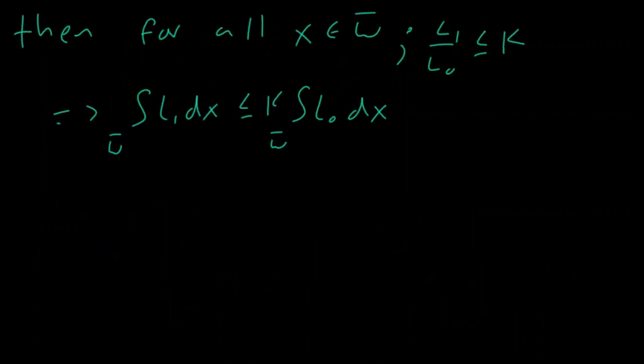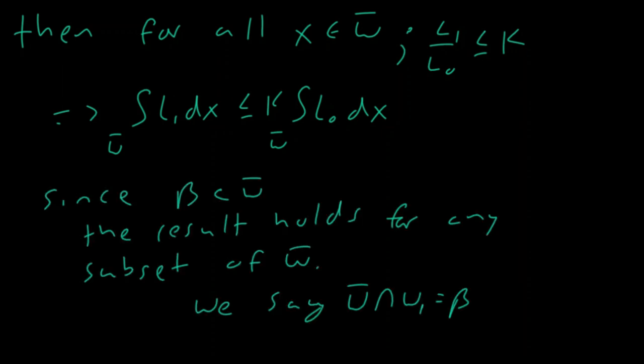Then this would also tell us that for all x element of the complement of W, L1 divided by L naught is less than or equal to K, which would imply that the integral of L1 dx across the complement of W is less than or equal to K times the integral of L naught dx across the complement of W. Since beta is contained in W complement, the result holds for any subset of W complement.